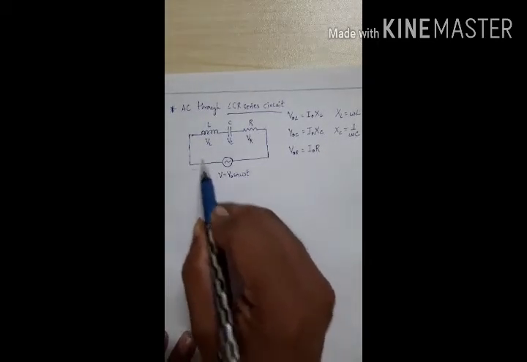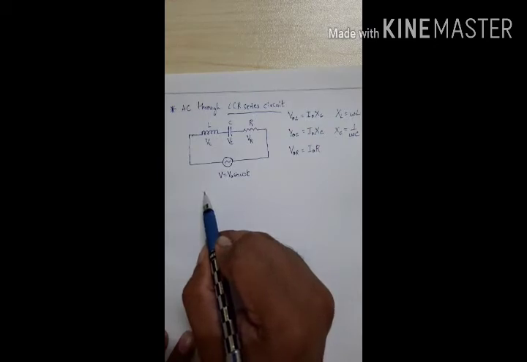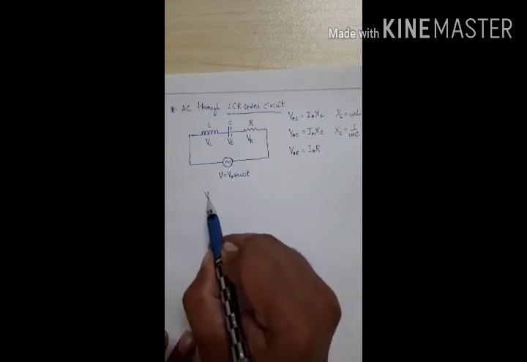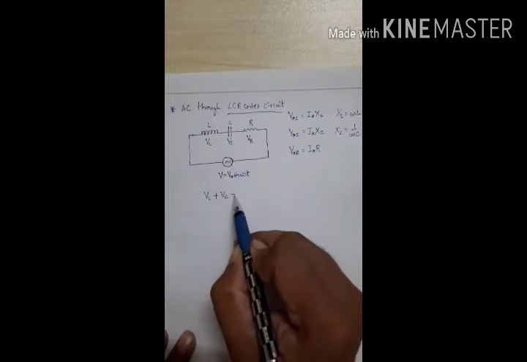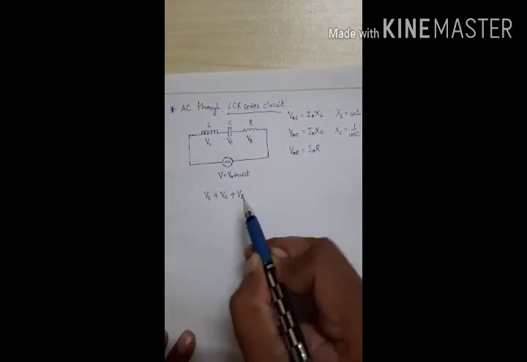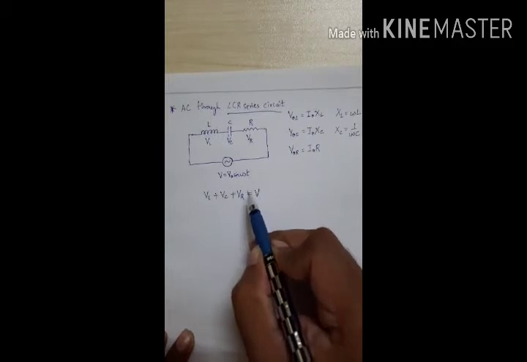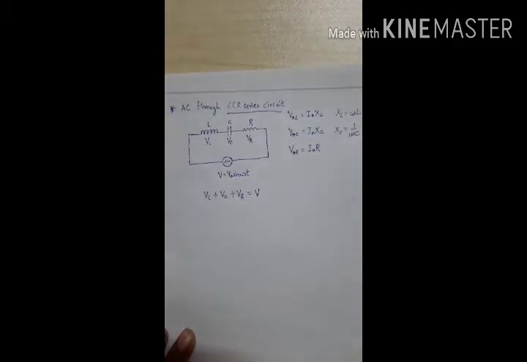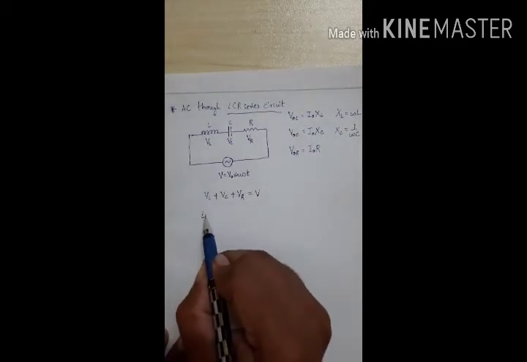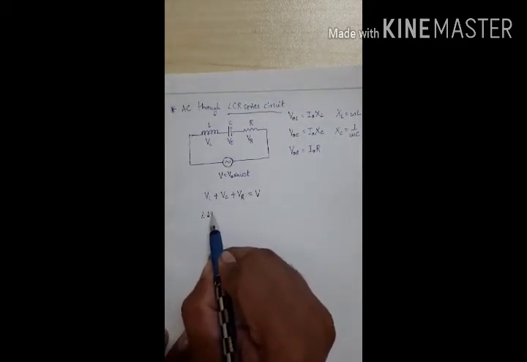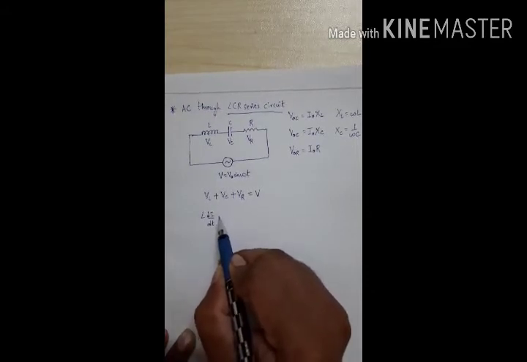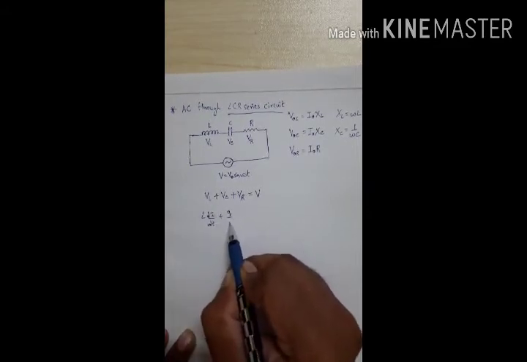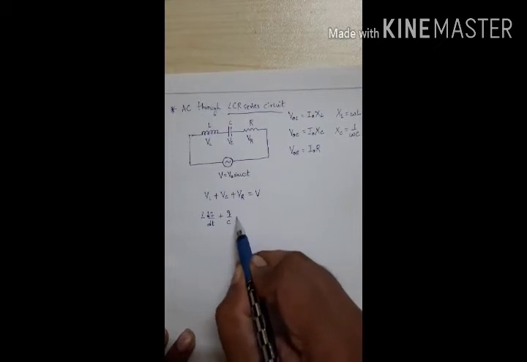Over here this voltage is divided among these three, so we can say that VL plus VC plus VR will be equal to V. Instead of VL we can write L di by dt, and VC will be equal to Q by C. Individually all these we have done already.